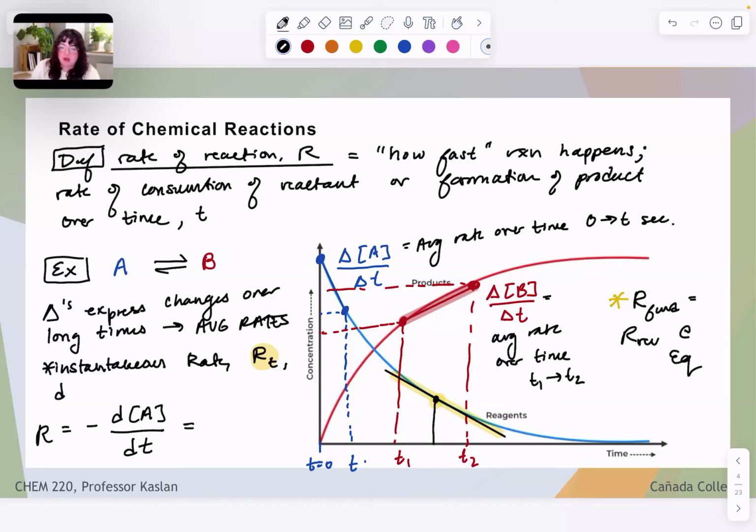And this is also equal to the instantaneous rate of change of B at that exact point. And we do include the negative sign for A because A is consumed. And we always express rates in terms of positive, right?